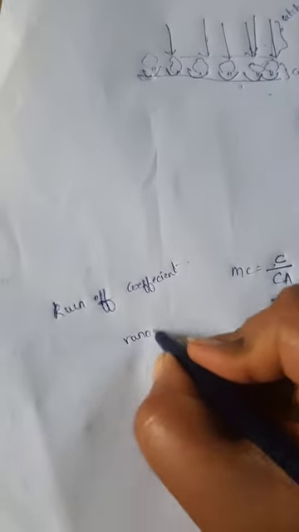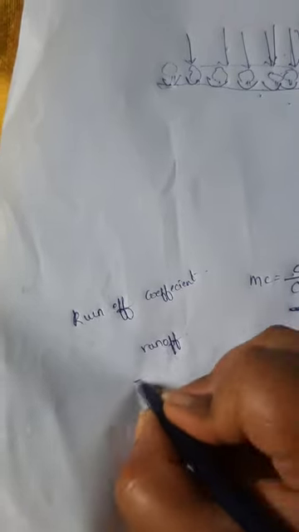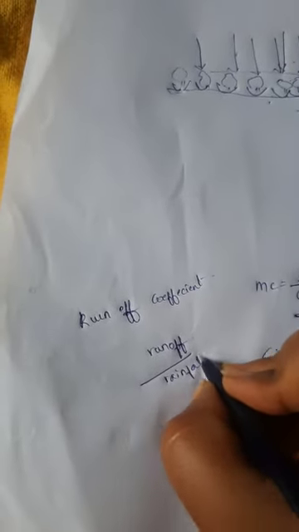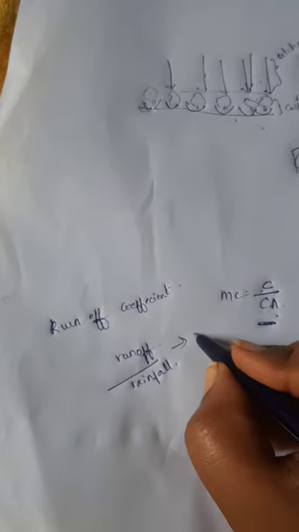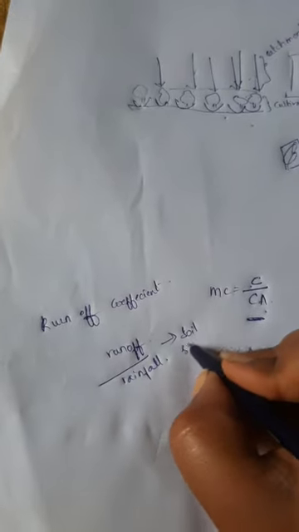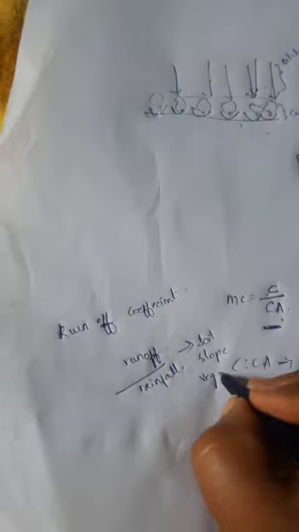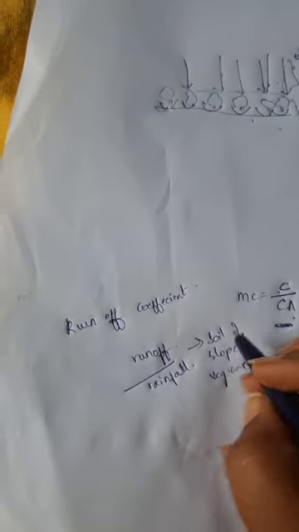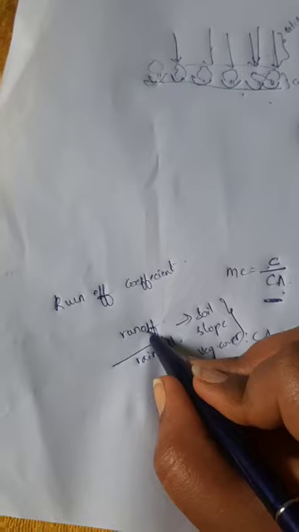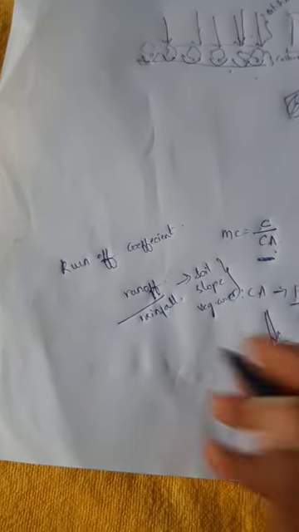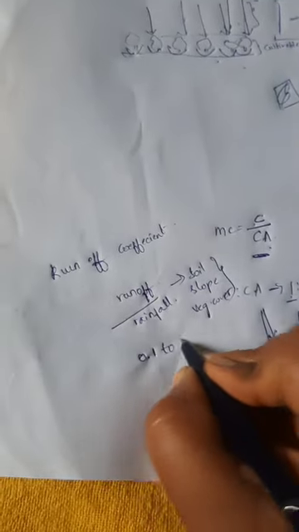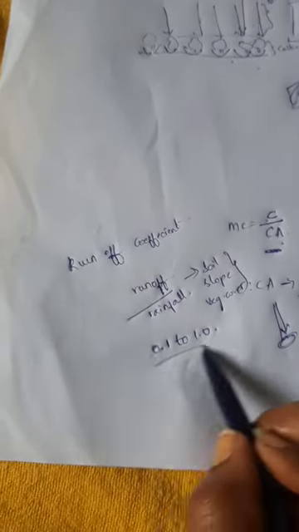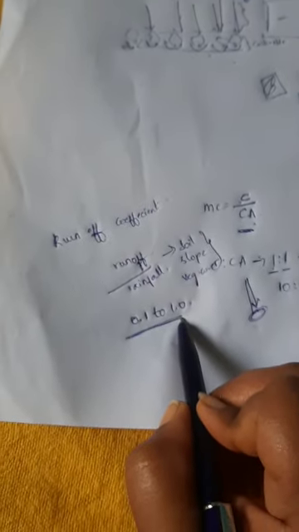It is the ratio between the runoff and the rainfall, which depends again on soil type, slope, and the vegetative cover, because soil type, slope, and vegetative cover define the runoff. And this value generally varies from 0.1 to 1.